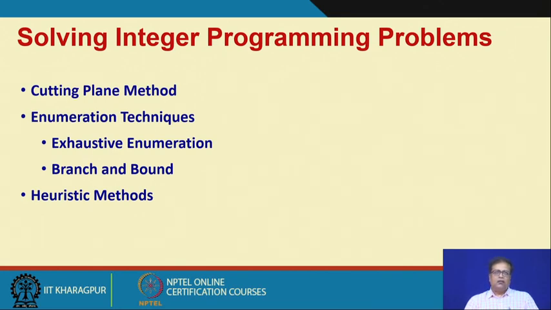The second method is a kind of enumeration technique, and there are two very important enumeration techniques we shall discuss. One is called exhaustive enumeration and the other is the branch and bound technique. And finally, the heuristic methods. These are the methods that we shall discuss for solving integer programming problems.